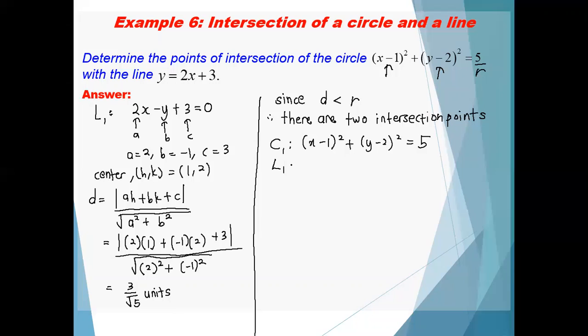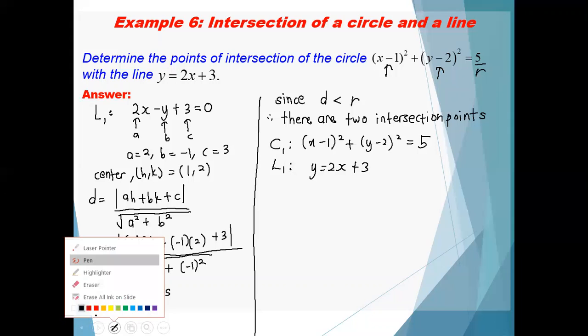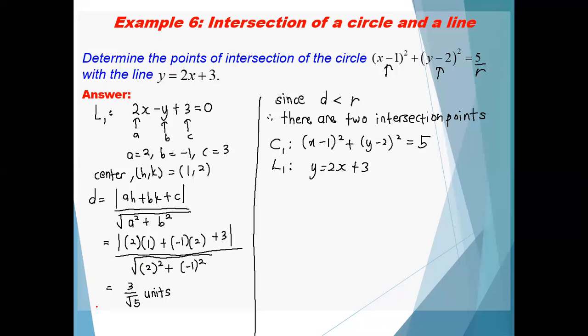The line we take the original, which is y is equal to 2x plus 3. So we do simultaneous equations. So this one is 1 and this one is 2. Okay, so how do we do it?